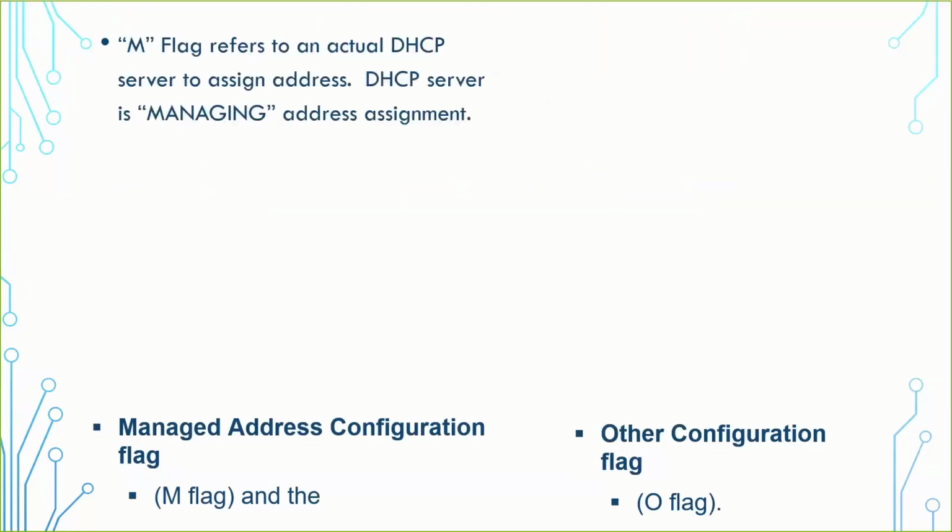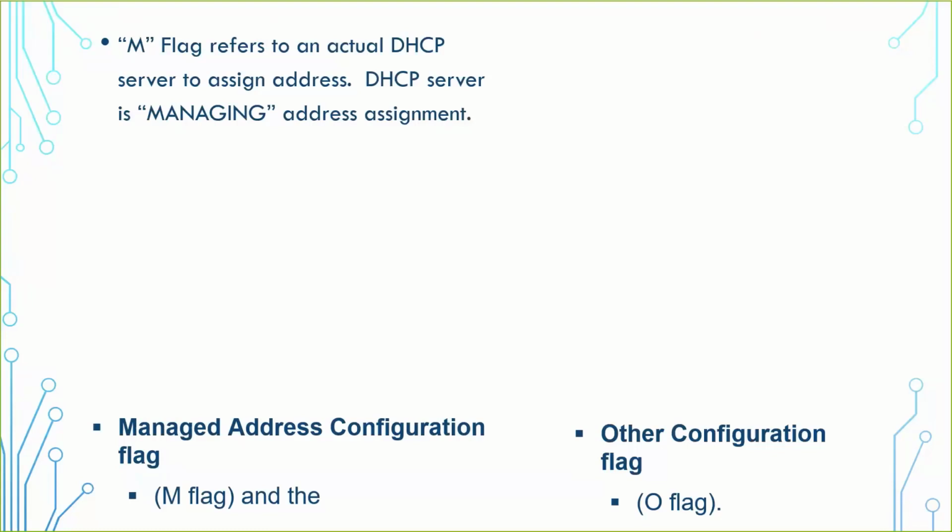It's super important that you understand what the M and the O flags mean. The M flag is always going to be referring to a DHCP server and the management of IP addresses.